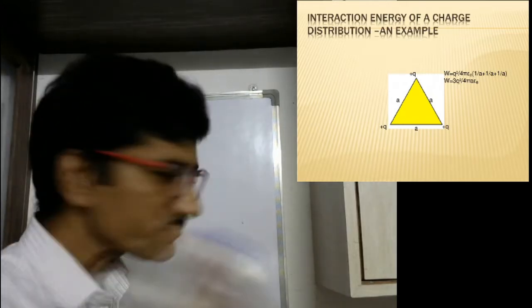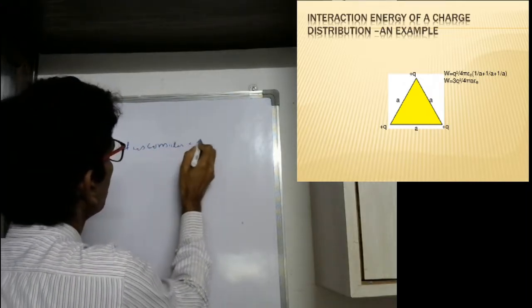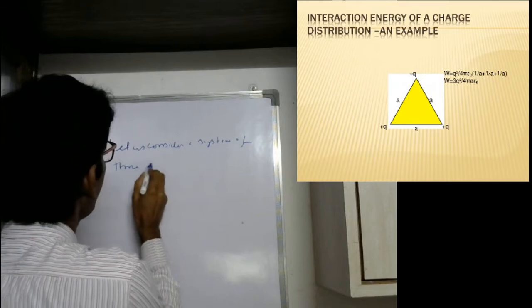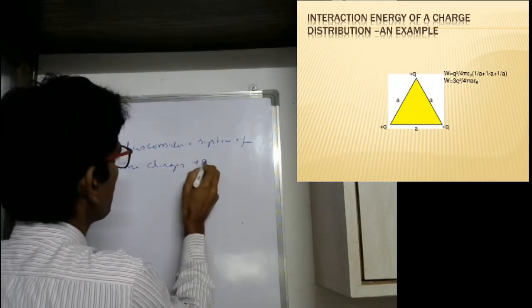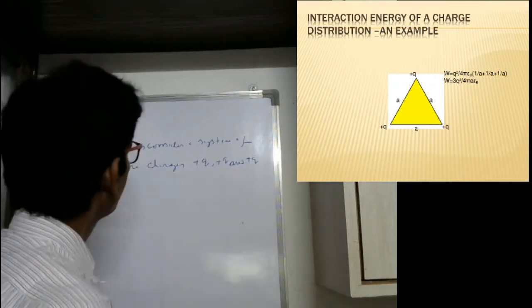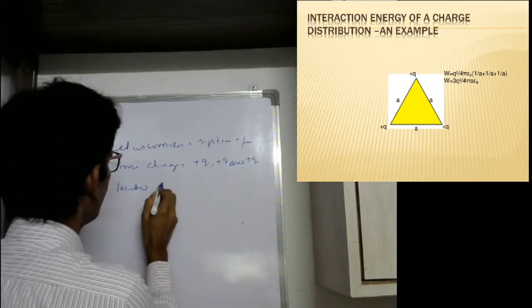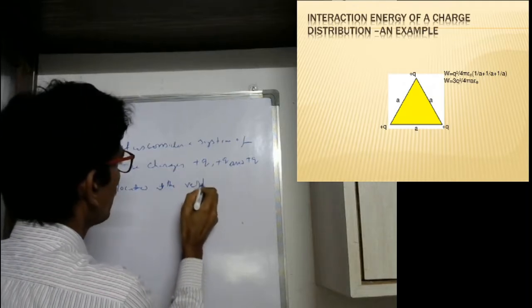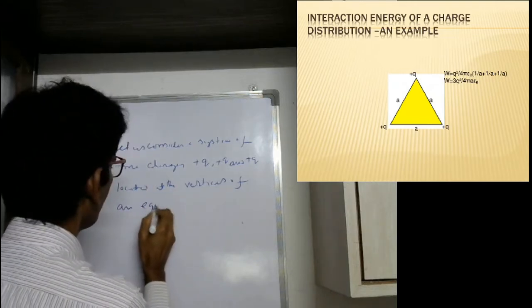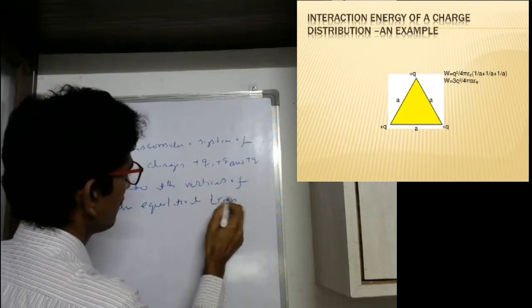Let us consider a system of three charges, that means plus q, and plus q, and plus q, located at the vertices of an equilateral triangle.